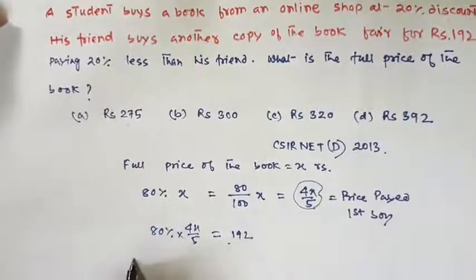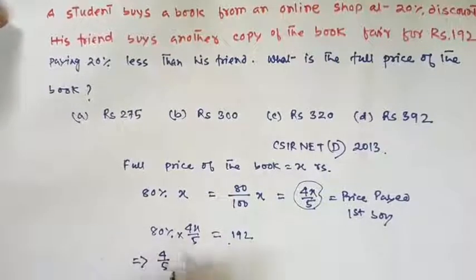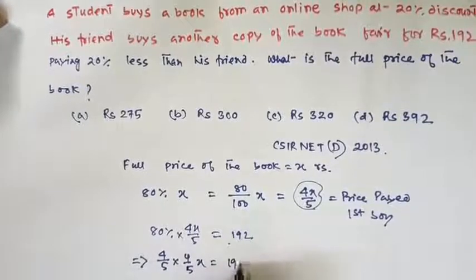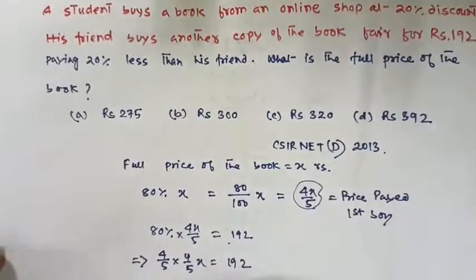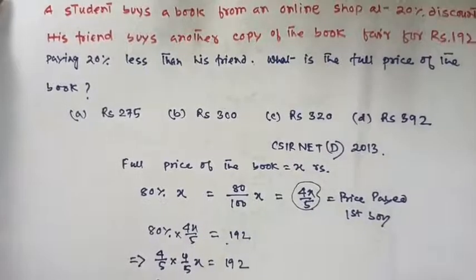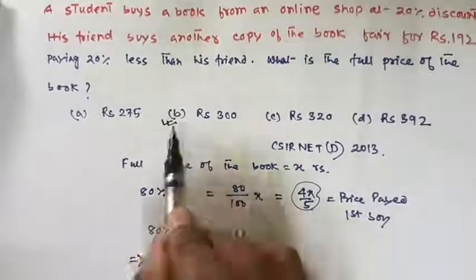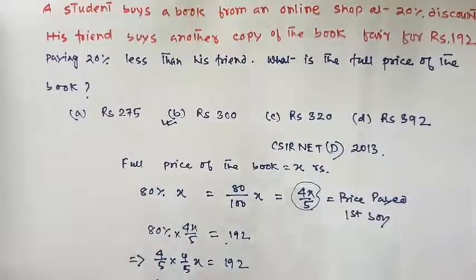If we calculate this, it would be 16 by 25 into X equal to 192, so we will get X equal to 300. So the full price of the book would be 300 rupees. Out of these 4 options, which option will be correct? Option B will be the correct option.